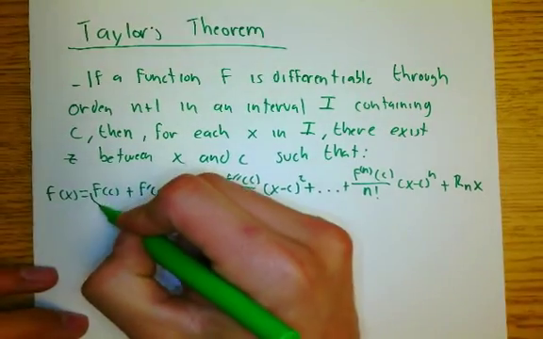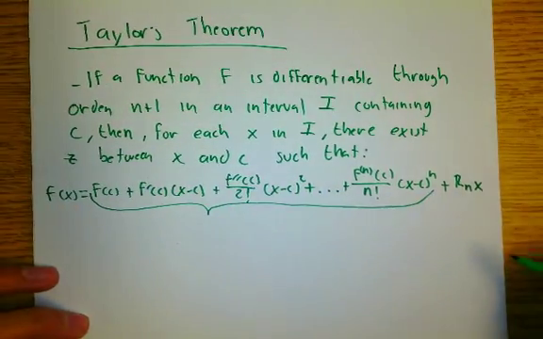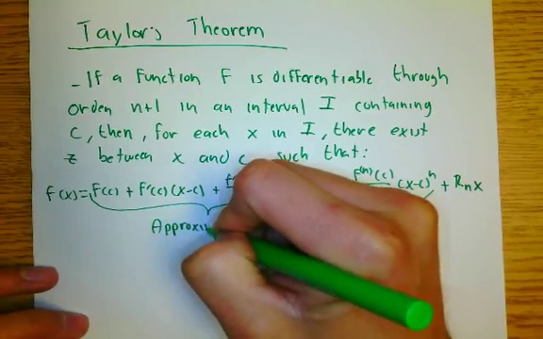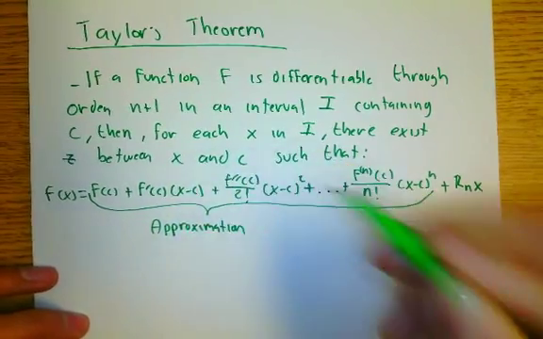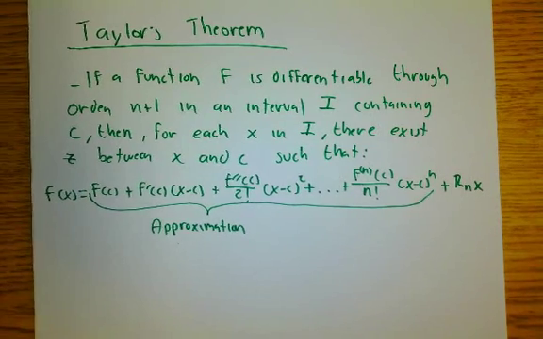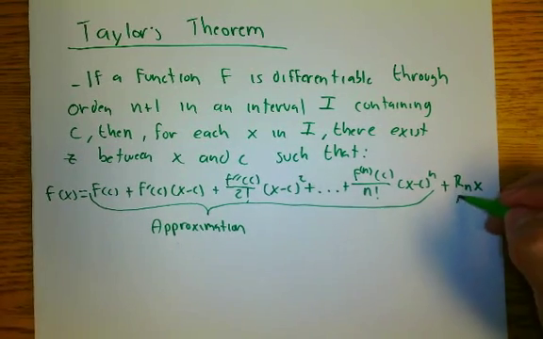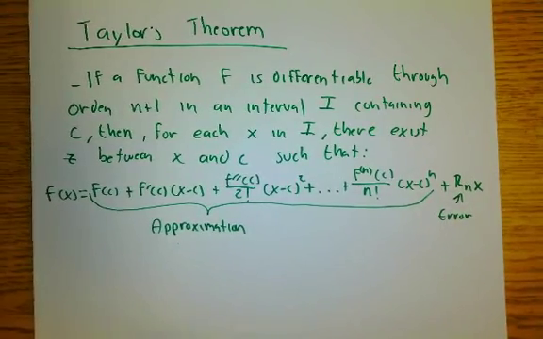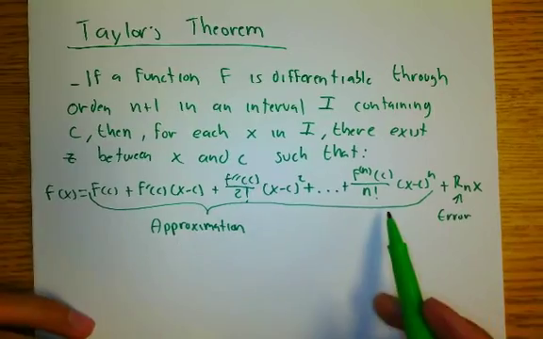Agreed? So what do you think the R sub n of x represents? This is going to be the error. If you have your approximation and you add the error, you should get the exact value of f of x. Okay? We're good?